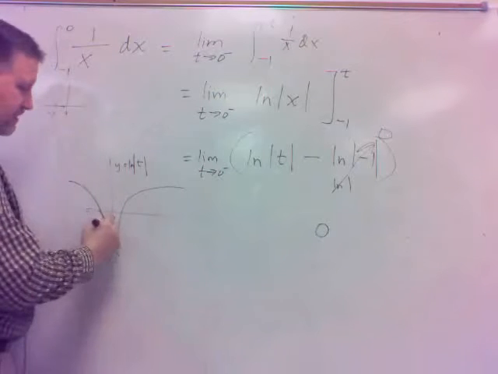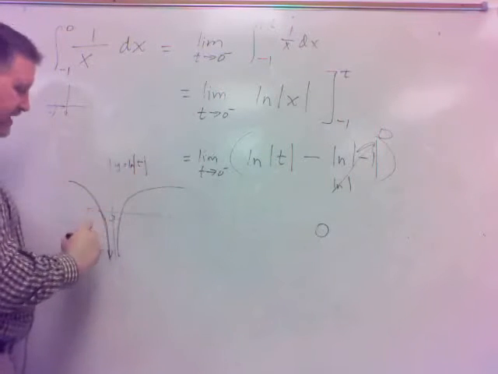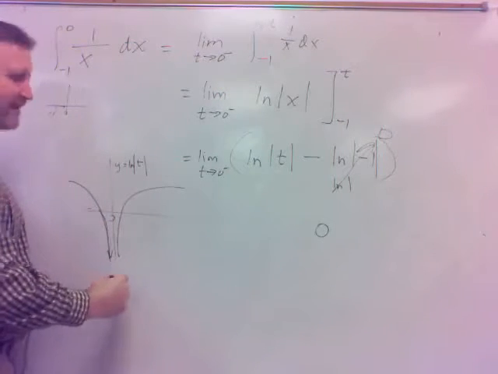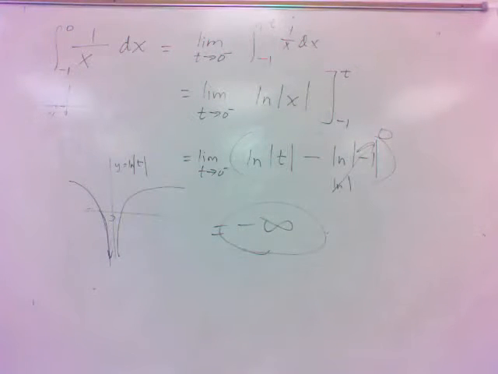As you approach 0 from the left, you might have to graph it out, but look at it, see what happens. What's it doing? Minus infinity. Yep, this is a divergent integral because it goes to minus infinity. So there are minus infinity ones out there.